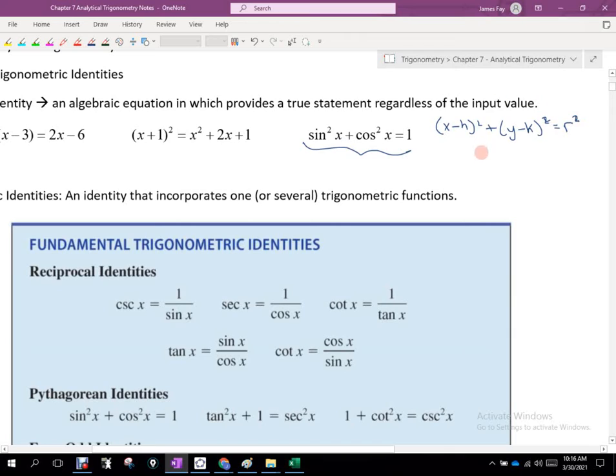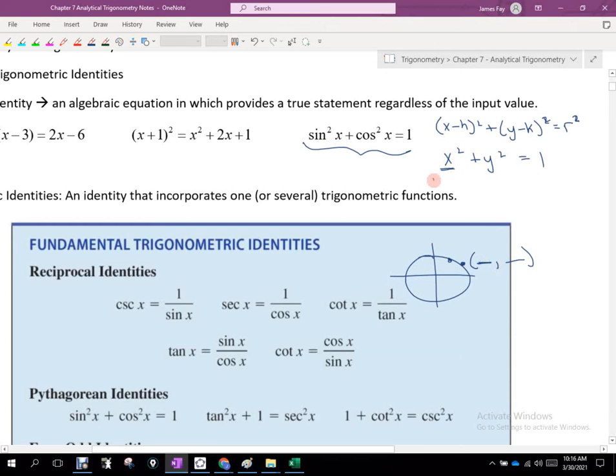When we deal with the unit circle, h is 0, k is 0, right? So it goes to x squared plus y squared. What's the radius on the unit circle? 1. Okay? Now, if you go on the unit circle, every one of these ordered pairs, the x value is the what? Cosine.